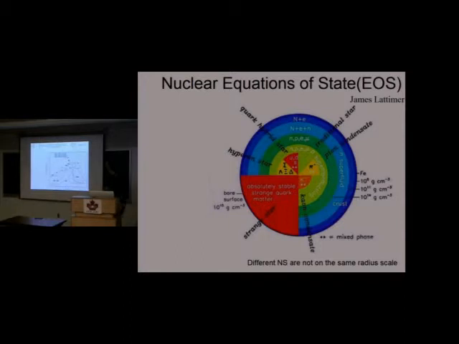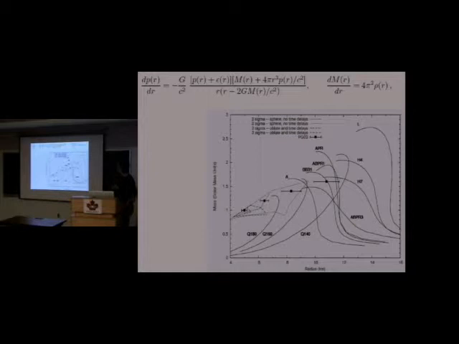Okay, so we can take any equation of state, which basically tells us the pressure and energy density at any given point in the star, and use the relativistic versions of the stellar structure equations to calculate the total mass and the total radius of any configuration.